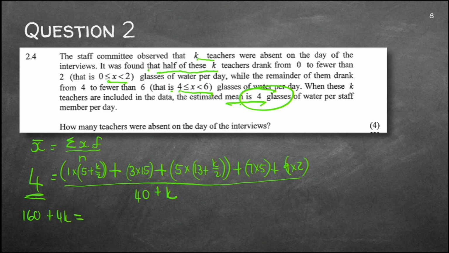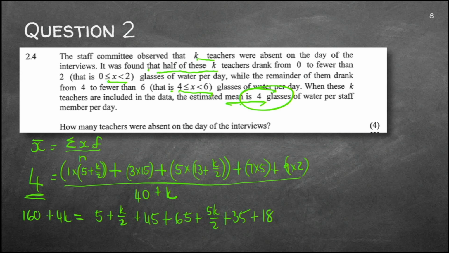And if we try and simplify the top part, we'll have 5 plus K over 2 plus 45 plus 65 plus 5K over 2 plus 35 plus 18.